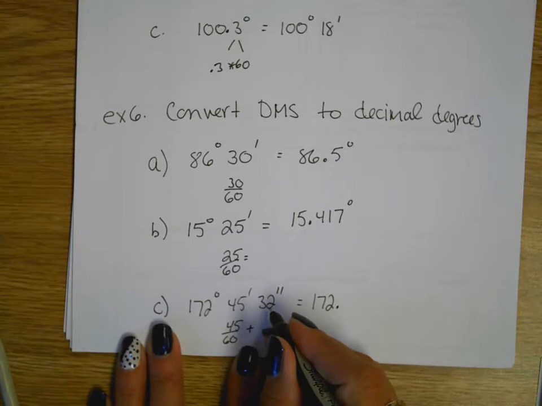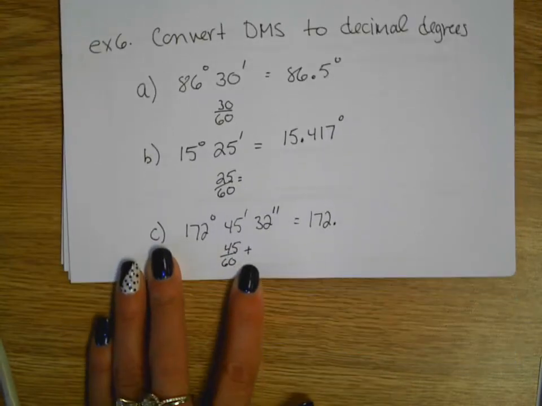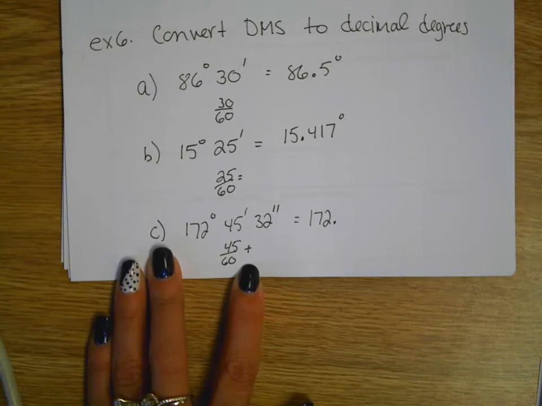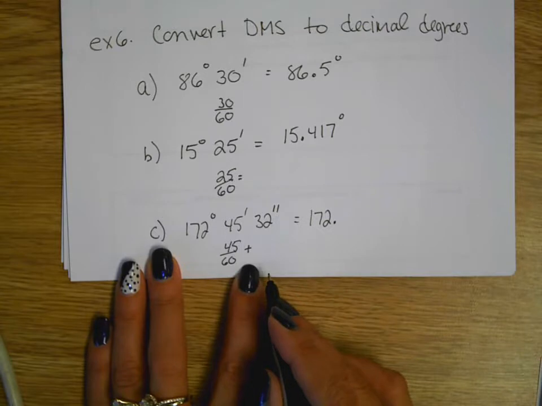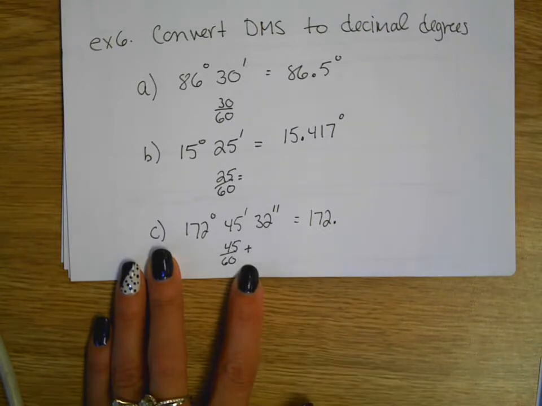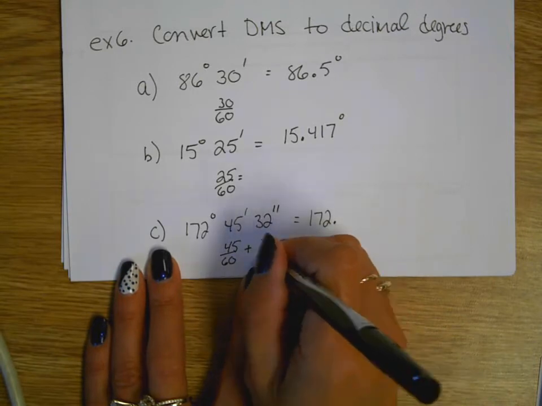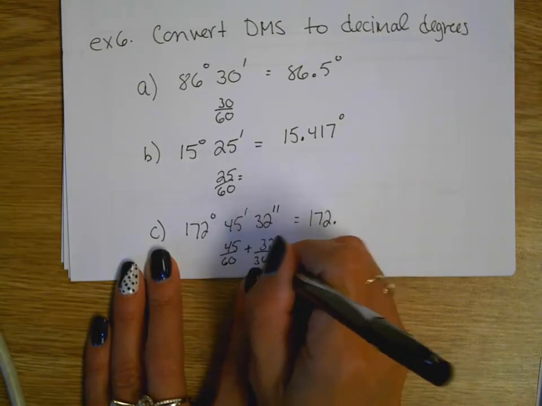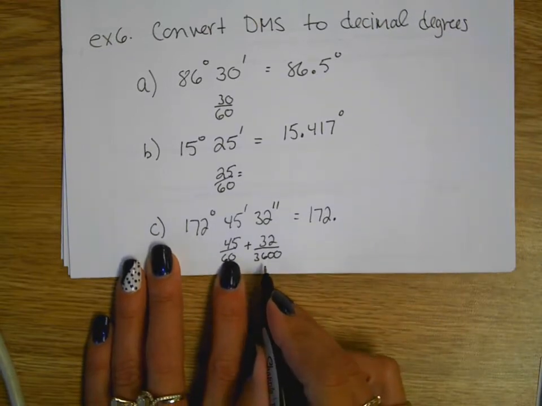But what about the 32 seconds? What part of a degree is that again? How many of those seconds did it take to make a full degree? Do you remember from the beginning? 3,600. So that's what you've got to do, take that 32, divide by 3,600, and then you're going to add those two decimals together.